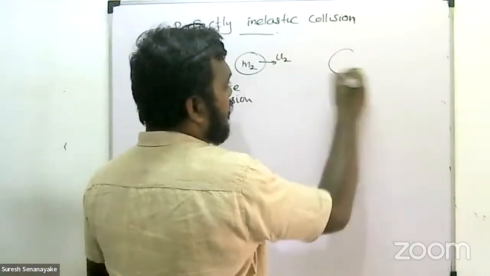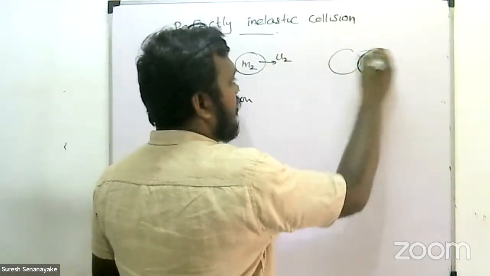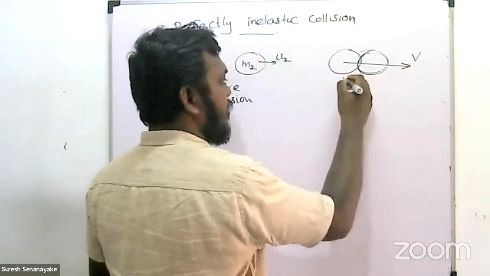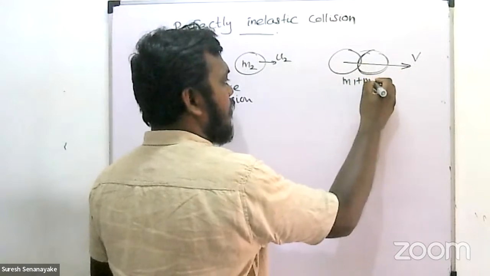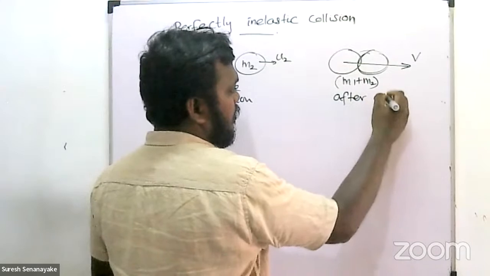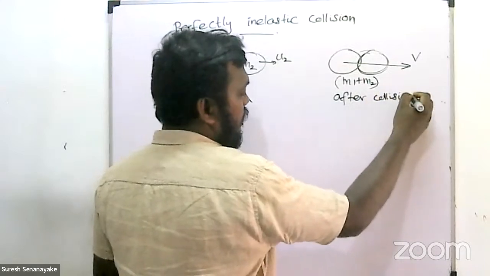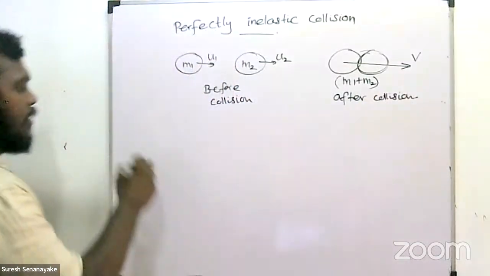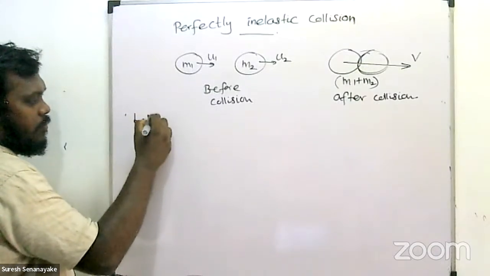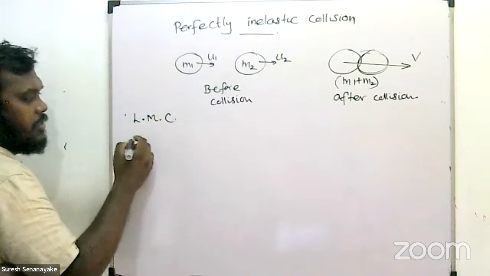And after collision, these two bodies stick together, so they're moving as a single body. Now the mass is m1 plus m2. So after collision, we can apply the linear momentum conservation, LCM.